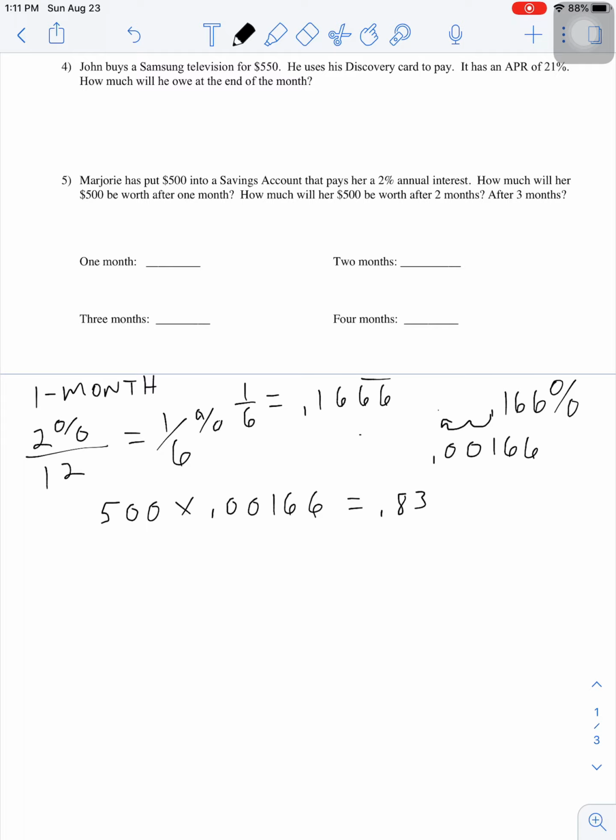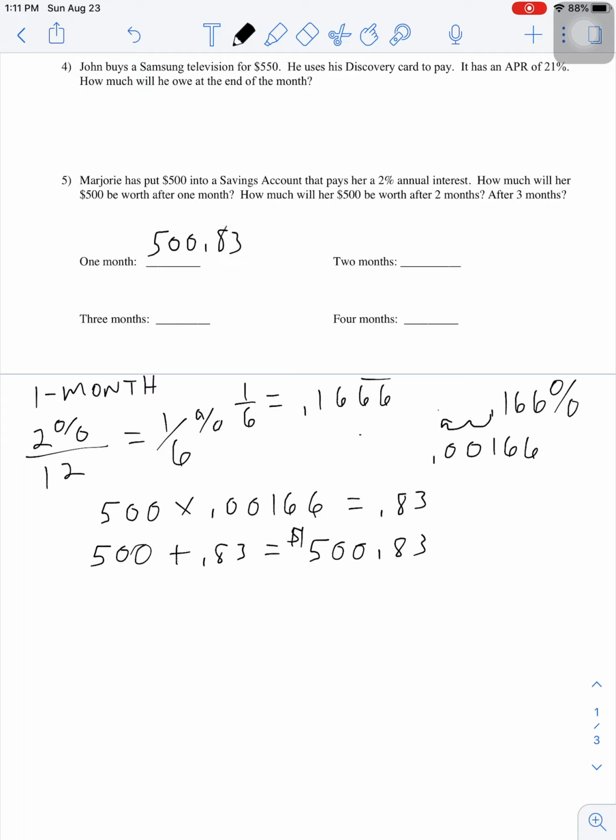So if I want to know at the end of the month how much I would have in that savings account, I would take the 500 plus the 83 cents, and I would get a total of $500.83.